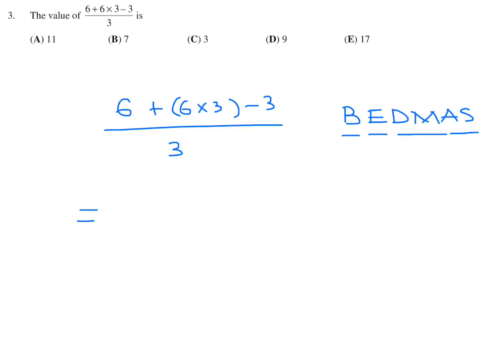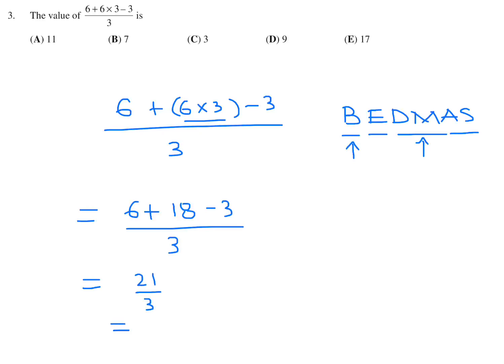We just have multiplication, so do that first. I put it in brackets, they didn't, but regardless, multiplication comes first. So 6 times 3 is 18. Then proceed with addition and subtraction: 6 plus 18 is 24, 24 minus 3 is 21, and 21 divided by 3 is 7. So number 3, the answer is B.